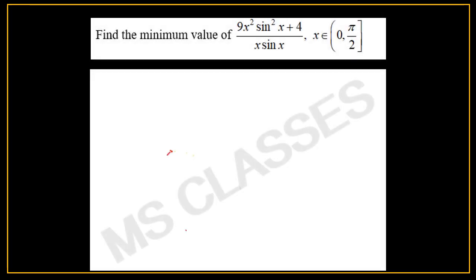Given x belongs to the open interval 0 to pi by 2, we have to find the minimum value of 9x square sine square x plus 4 by x sine x.